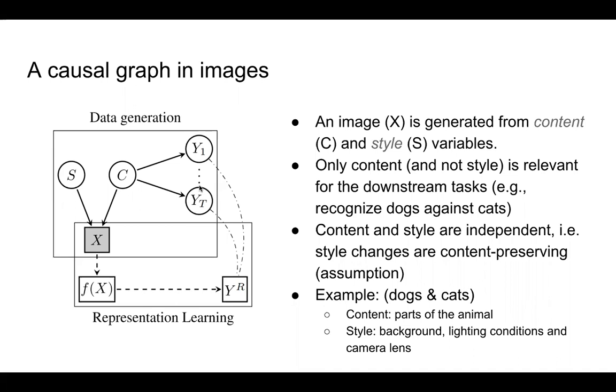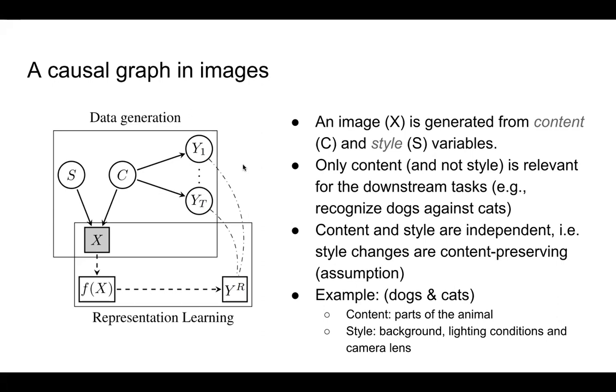Maybe we have a lot of downstream tasks, and here all the solid lines with arrows mean the causal relation. Okay, so yeah, that's the part about data generation. And for the representation learning part, maybe we can talk about it later, but again, only the solid lines with arrows mean causal relation.